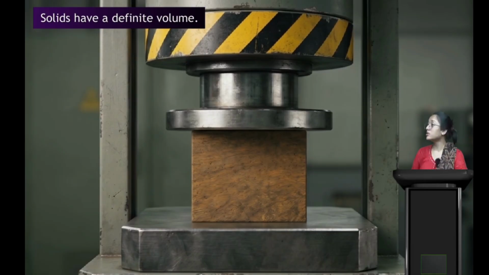Solids also have a space that the object is occupying. So solids occupy a certain amount of space, which means they have volume. Clear, everyone?